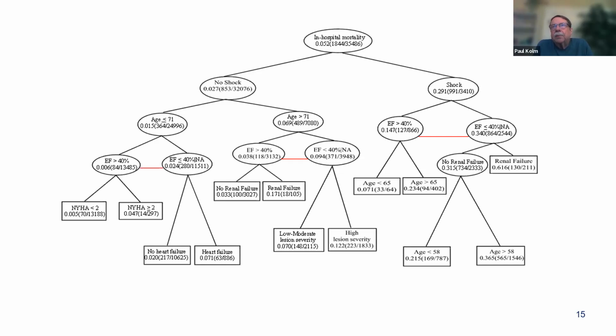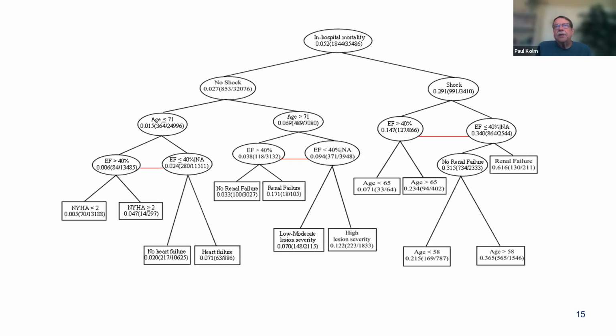We see that shock is our most important one, then ejection fraction, then we have renal failure, yes or no. You can see that for those who experience shock, have an ejection fraction less than 40%, and also have renal failure, their death rate is over 61%, compared to those with no renal failure, where it's 31%. And then if the patient doesn't have renal failure, we have another split at age 58.